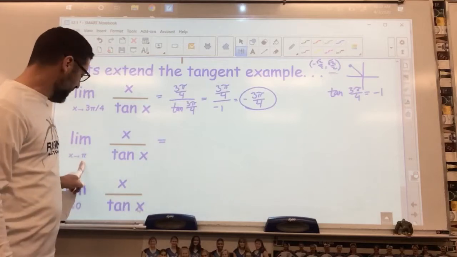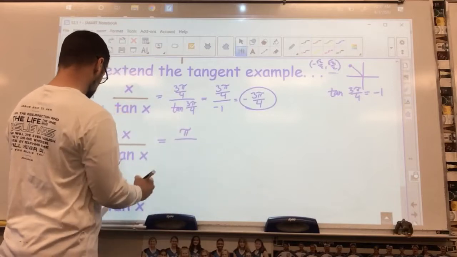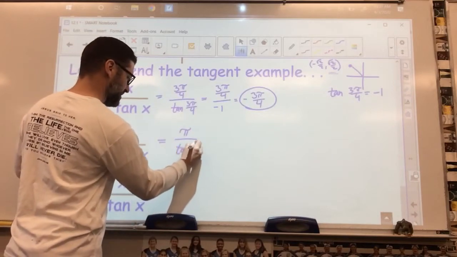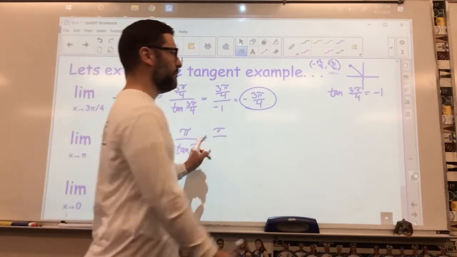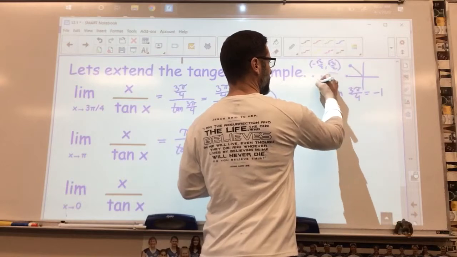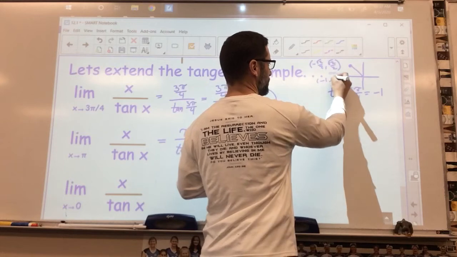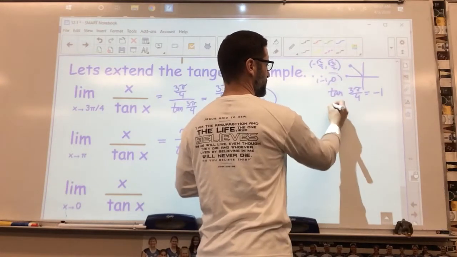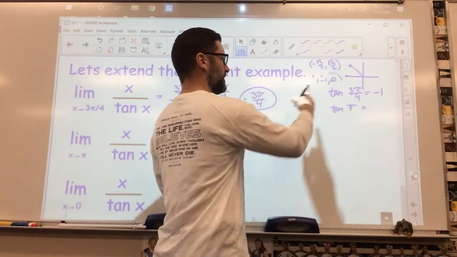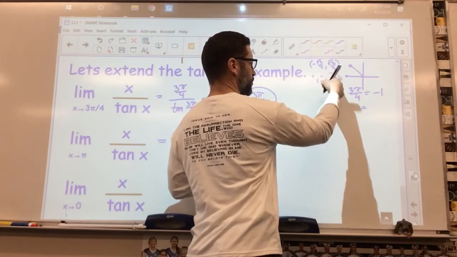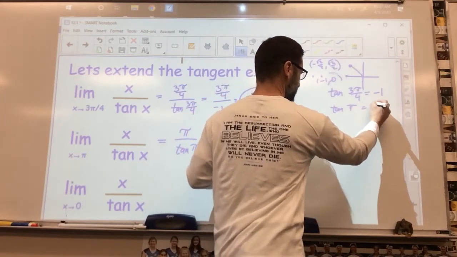Find the limit as x goes to pi of x over tan x. My x value is pi, so I'll put tangent of pi. I have pi on top. The tangent at pi: that ordered pair is left 1, up and down 0, so the tangent at pi is the y value over the x value, 0 over negative 1, which is 0.